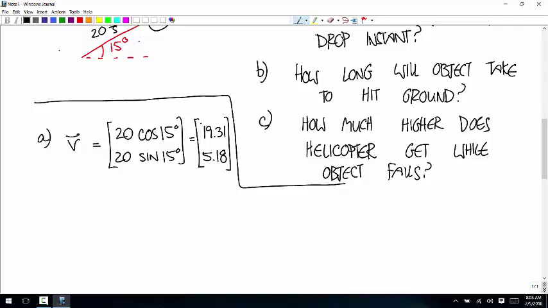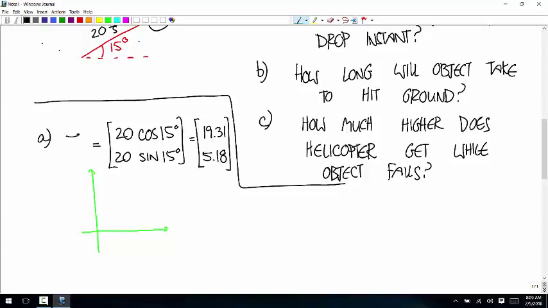What does the path of this object look like after it's dropped, you may ask yourself. Yep. Parabola that opens down, but it's going to start a little before.